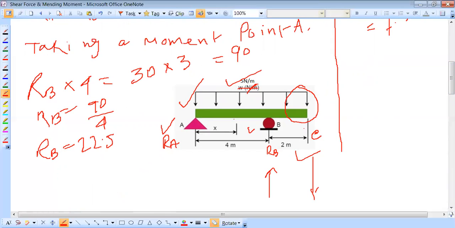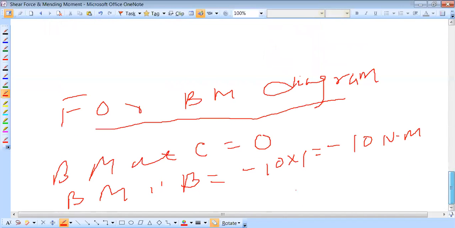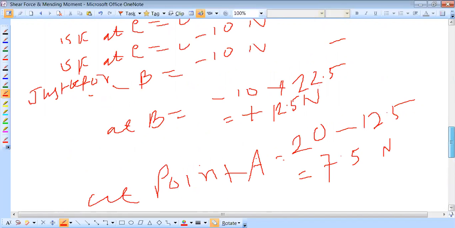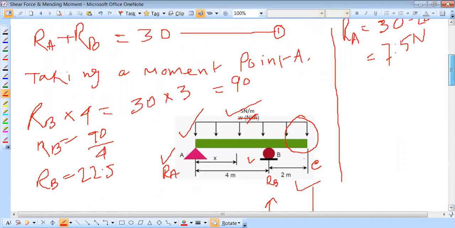Then you need to take a moment at point A. So we take the BM at A. It must be 0. When you calculate this, you can get the value of this one.